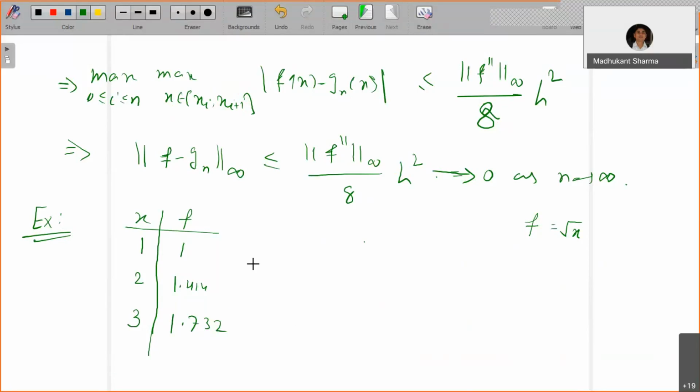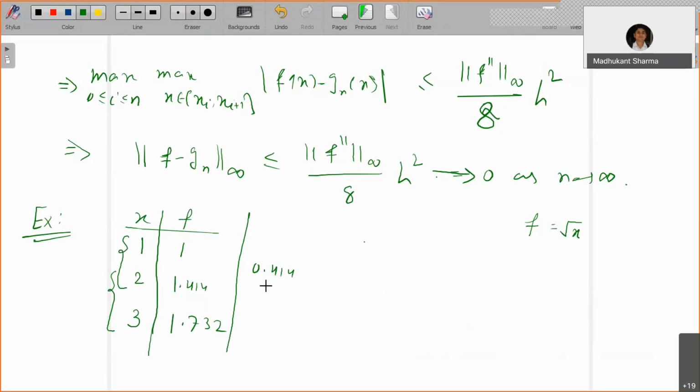Now you are going to define x0, x1, and then x1, x2; these are two intervals. Now the first divided difference here is 0.414.